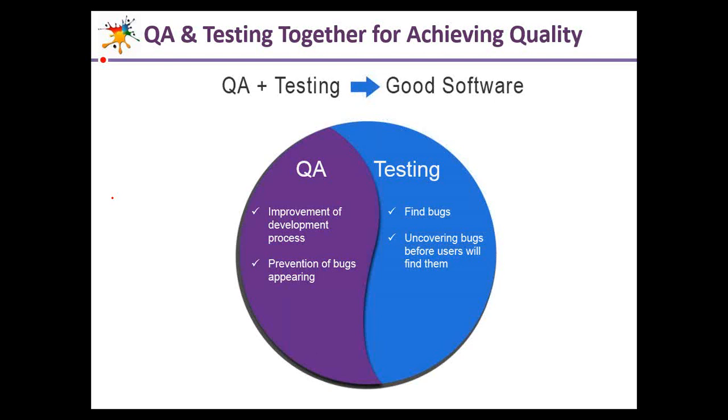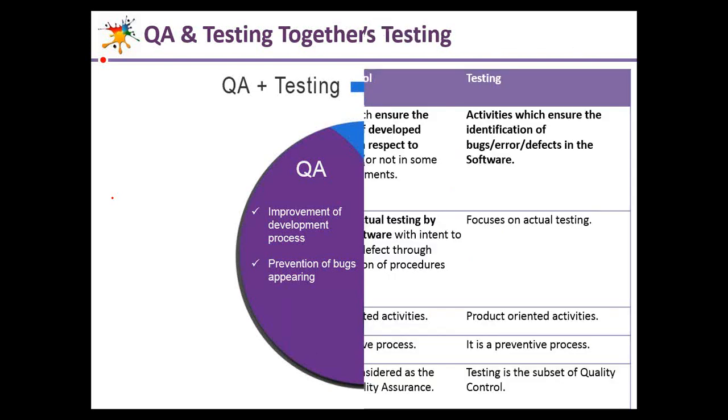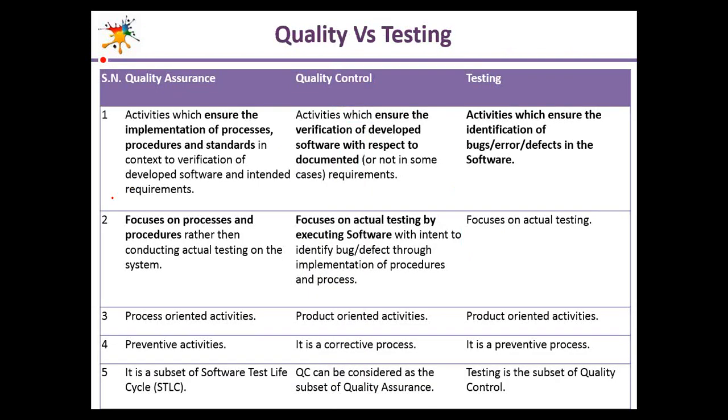So now, with this slide, the next question that comes to mind is: are quality and testing the same thing? No. The answer is no, and let us now find out why. In this slide you can see that there are three different aspects of quality and testing. One is quality assurance, one is quality control, and the third one is testing. So what is quality assurance?